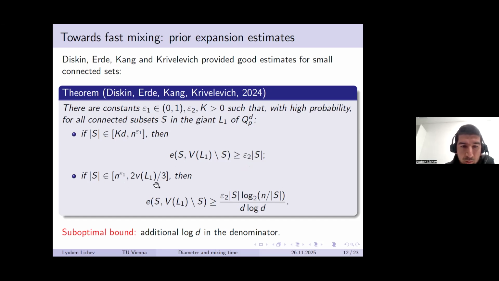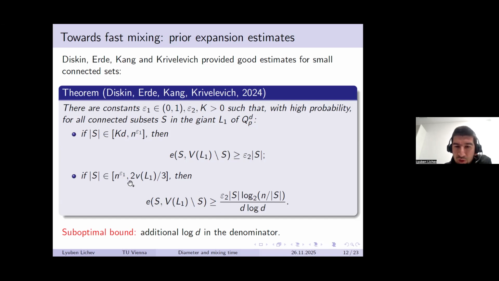And when S is a bit larger, unfortunately, they cannot quite get the right expansion. They get a bound which is a bit worse by a factor of log d. How to compare these two bounds and see that the second one is actually a bit worse? Think about the point where these two intervals meet. If we are at the point n to the epsilon 1, then this bound gives a linear lower bound in the size of S. If you think of the second bound, then S is n to the epsilon 1.